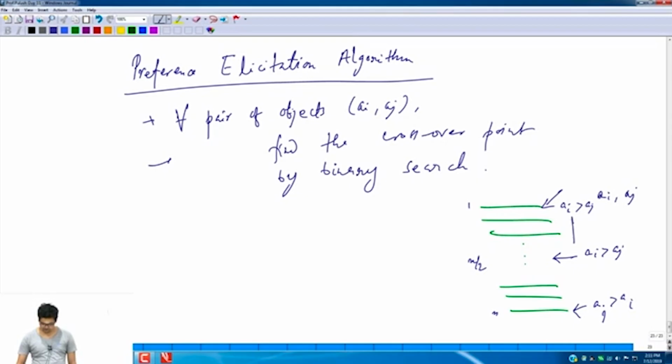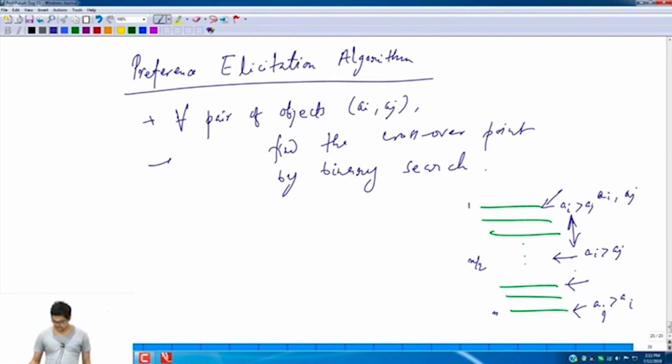Then I know that everyone before will say AI is greater than AJ. And if it says AJ is greater than AI, then I know everyone after. So just forget the first two queries. Now for every next query, you are knowing the ranking of AI and AJ of half of the people. For the next query, you again ask the middle of this span, and based on the answer, another half you again know.